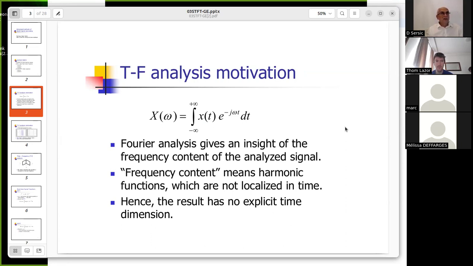We know that there is an equation for the inverse Fourier transform. We can come back from x of omega to x of t, but definitely the result has no explicit time dimension. So from time to time, we really need it.